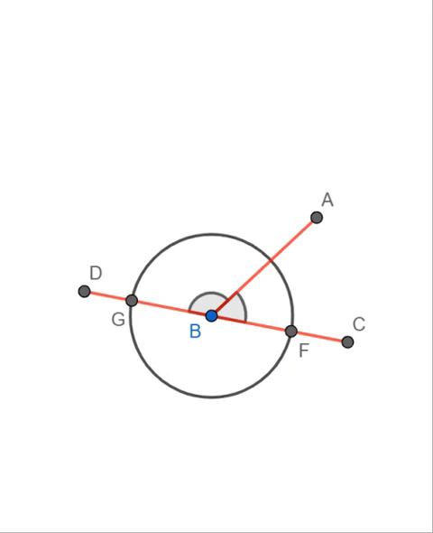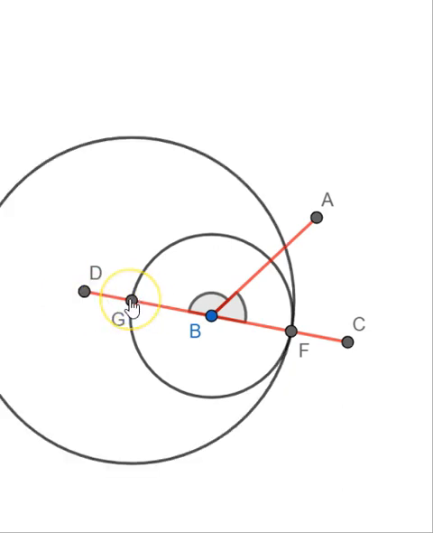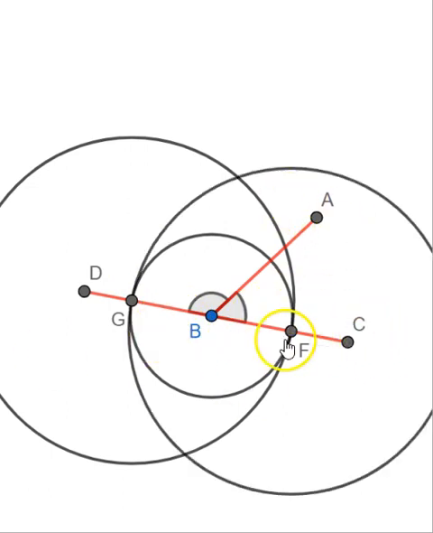And now draw a circle with G as the center and GF as the radius. Similarly, another circle with F as the center and GF as the radius. And now these two circles will intersect. Identify the intersections. Connect those two intersections.